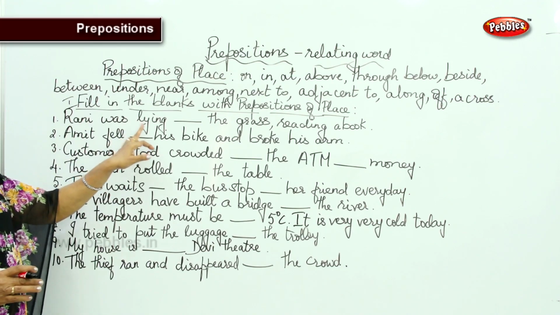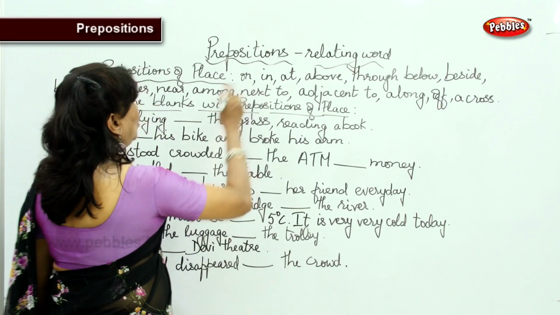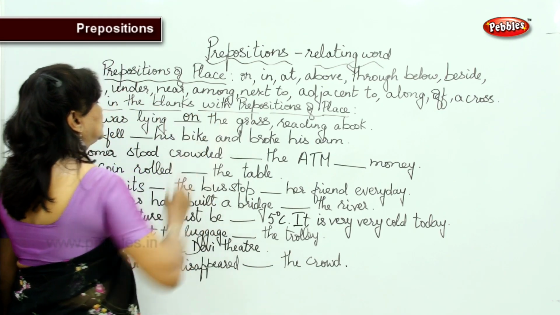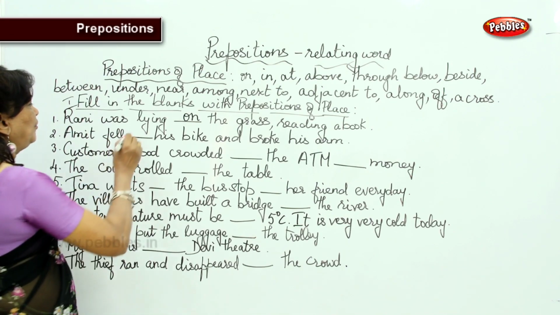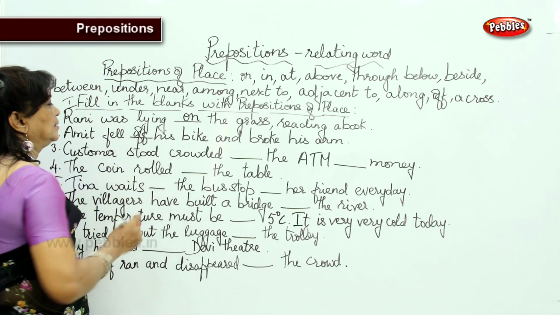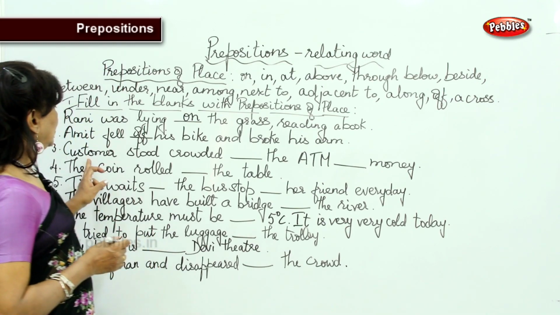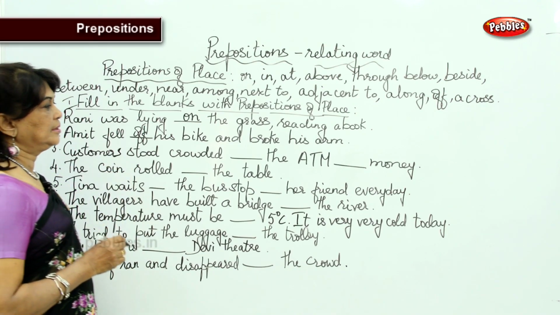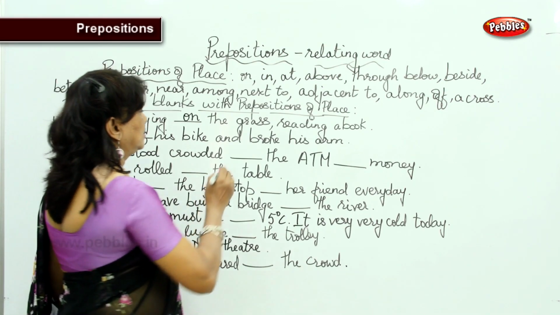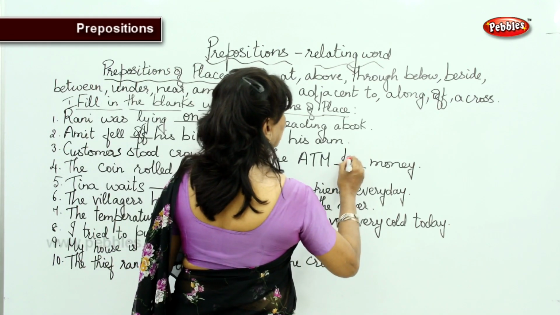Okay, Rani was lying dash the grass reading a book. On the grass. Amit fell off his bike and broke his arm. Customers stood crowded at the ATM for money.